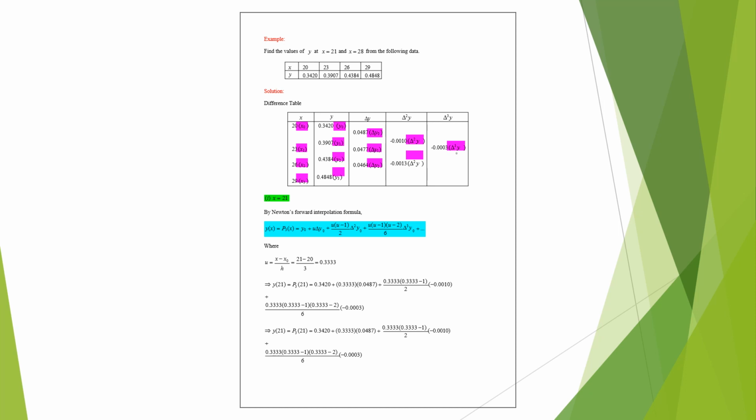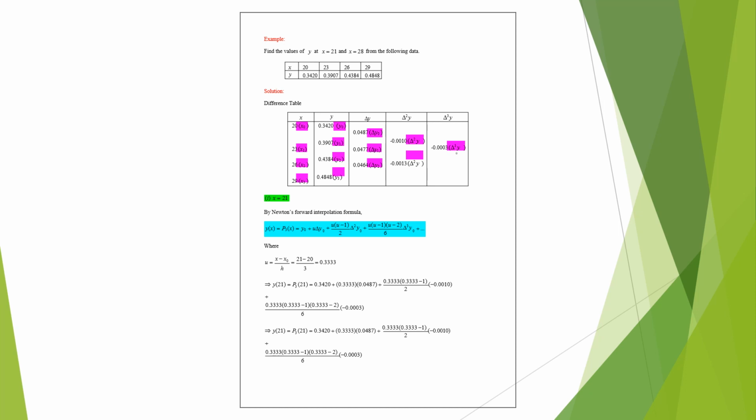And in that, to identify whether Newton's forward or backward interpolation has to be applied: if the value to be interpolated lies in the forward part of the table, we use the forward interpolation formula, and if it lies in the backward part of the table, we will be using the backward interpolation formula.